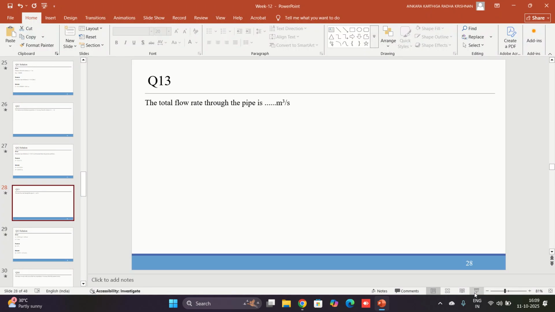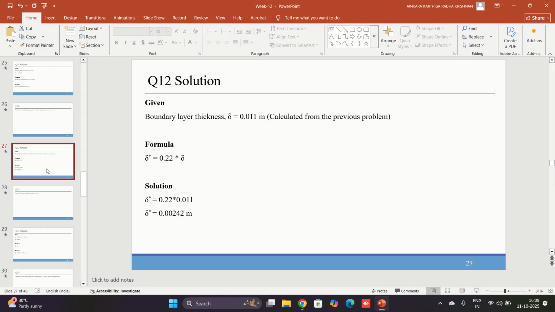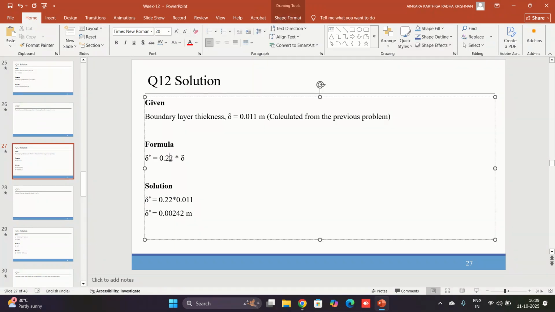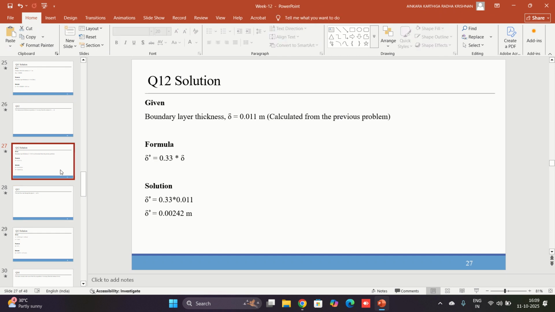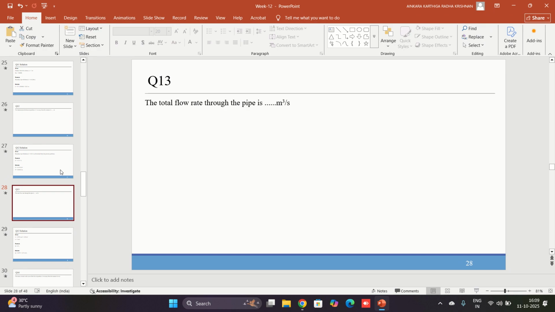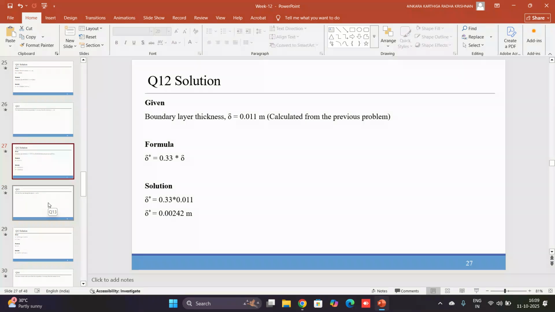Okay, it is better to go with 0.33 actually. In meters it is 0.00242 meters. So better, 1 by 3 times. So we are taking 0.33.